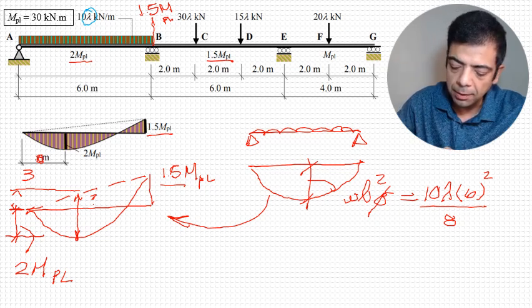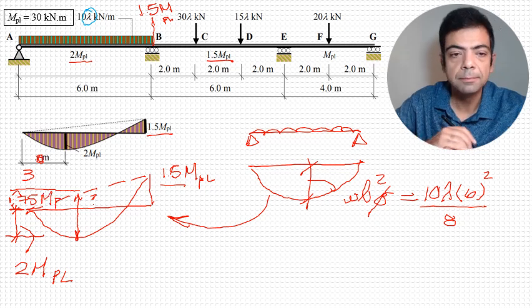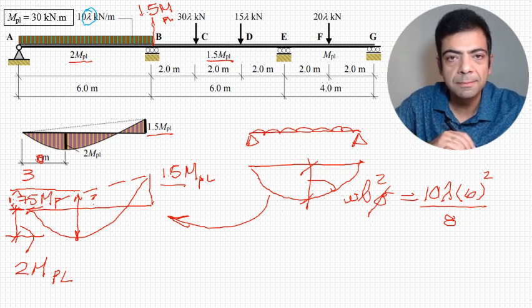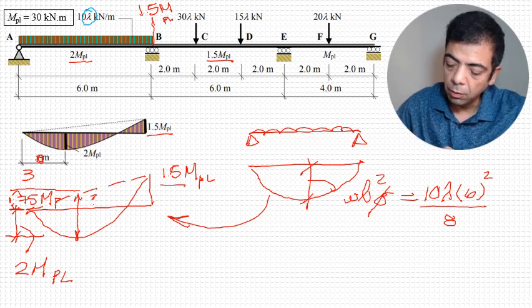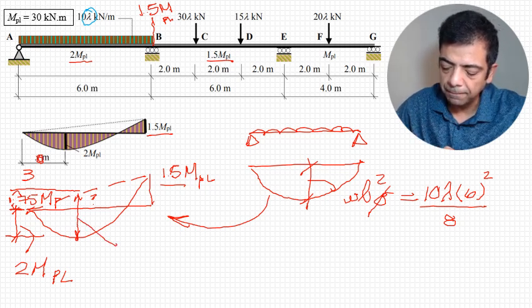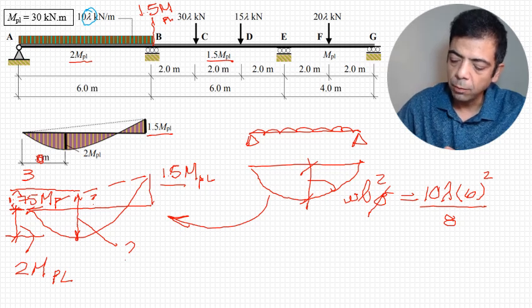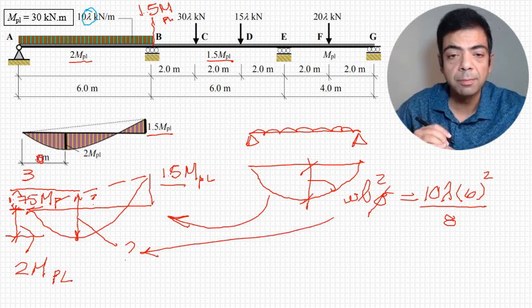Therefore, this part is going to be 0.75 M plastic. It's half the base. All right. So what is the overall distance? We got this from the simple version, from the simple bending moment version. So this is the static method.